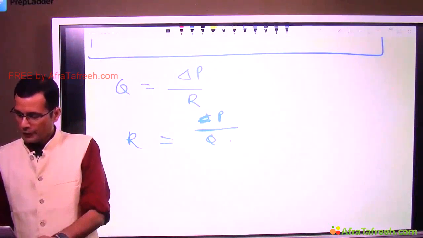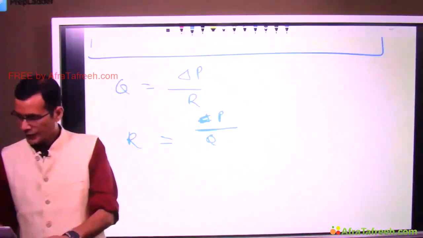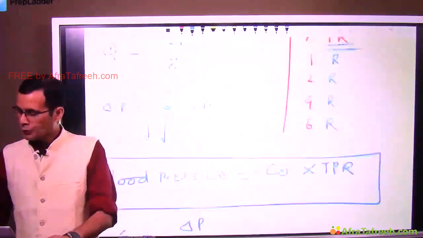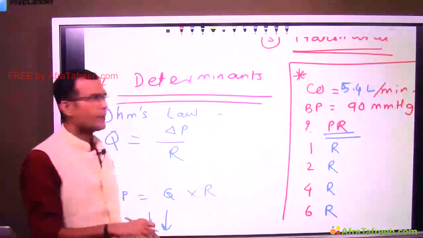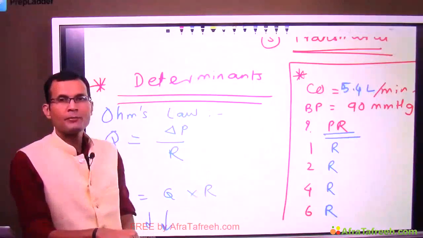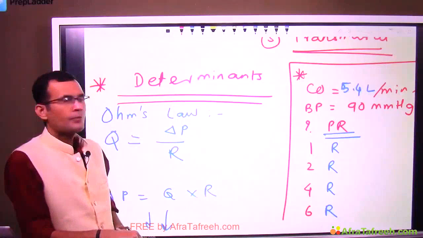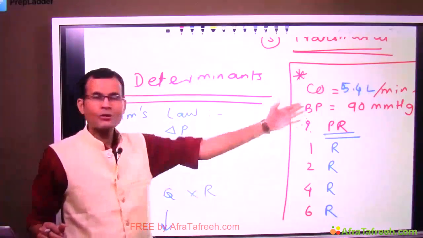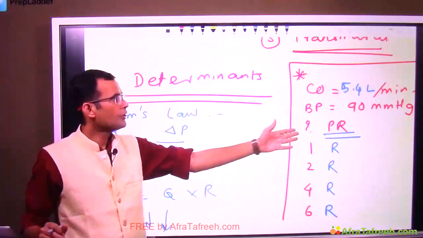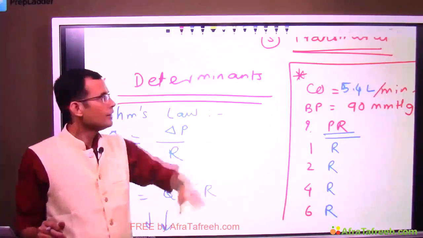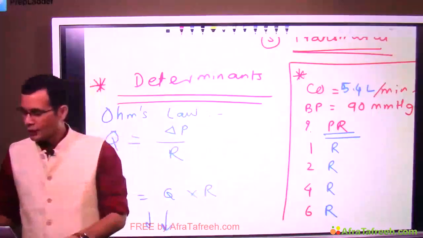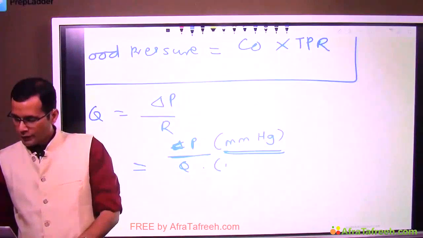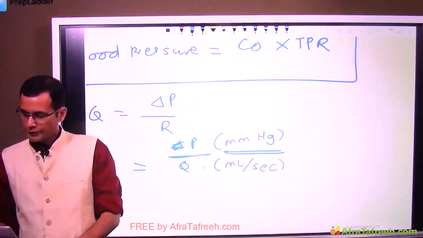Pressure is in mm of Hg, and I'm sure you were calculating 90 divided by 5.4 and the answer was not coming. Why was that? That's because the units are not matching. Mm of Hg is one unit, then liters per minute is not the matching unit. The matching unit will be ml per second.